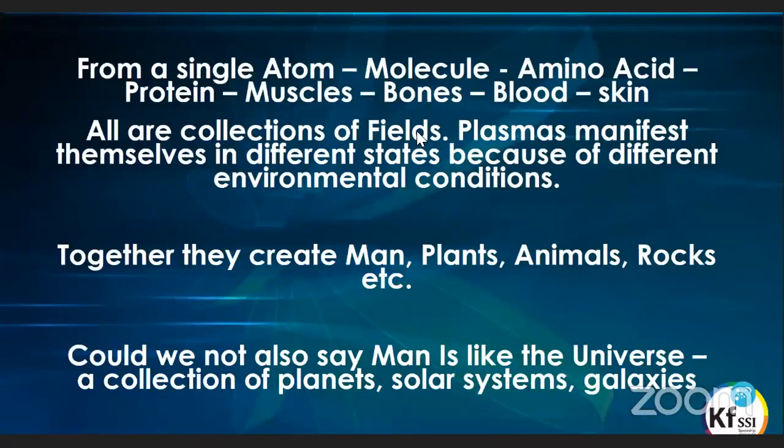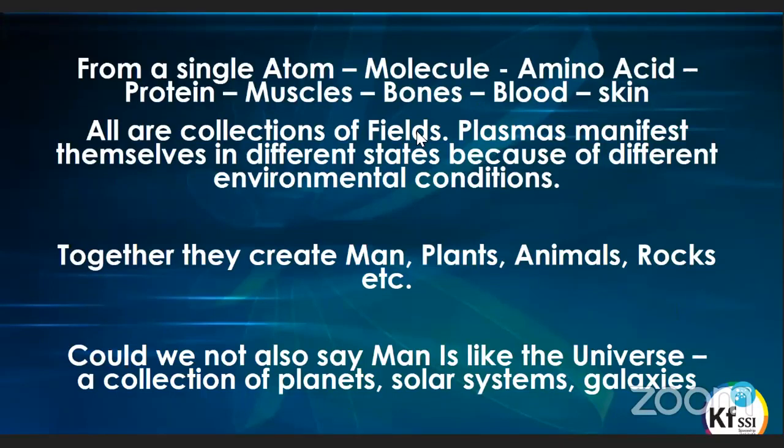So from a single atom, we get molecules, amino acids, proteins, muscles, bones, our blood, our skin. They're all a collection of fields, plasmas which manifest themselves in different states because of different environmental conditions. And together they create the man, the planets, the animals, the rocks, whether it's our sun, the solar system, our galaxy or universe.